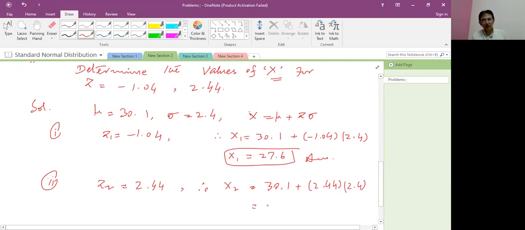Again we apply the calculator and find the result, it is 36.0. So to understand this, when we apply this formula, we will determine the value of x when the value of z is given.